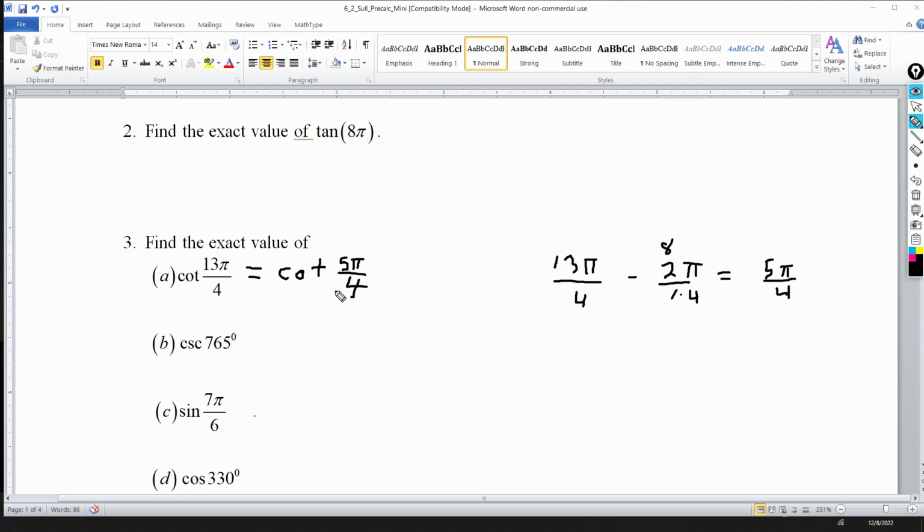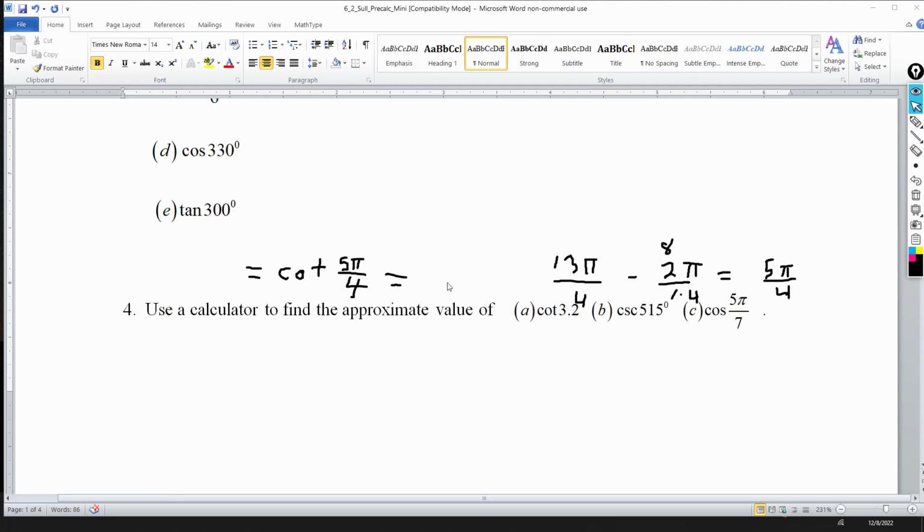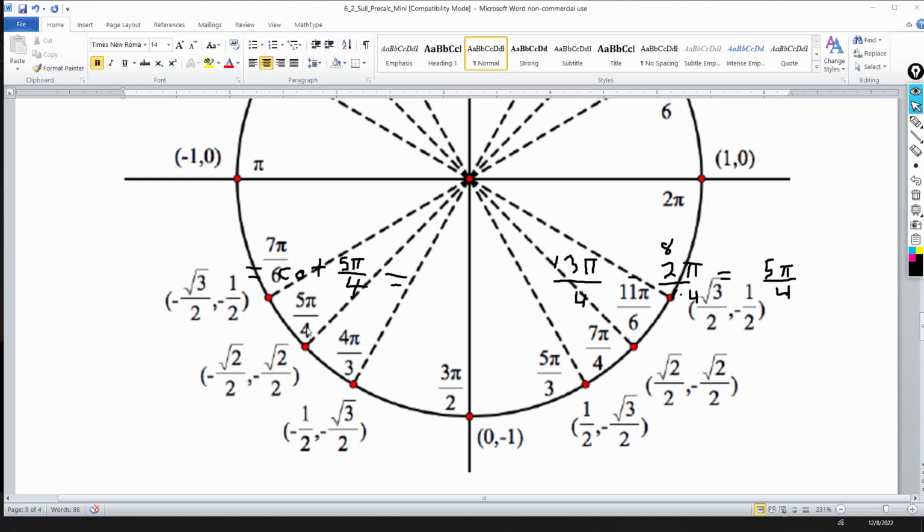So then I would just find 5 pi over 4 in the diagram for the unit circle, and the cotangent would be the x over the y of whatever coordinates are given. Tangent is the y over the x. So 5 pi over 4 has these coordinates, minus radical 2 over 2, minus radical 2 over 2.